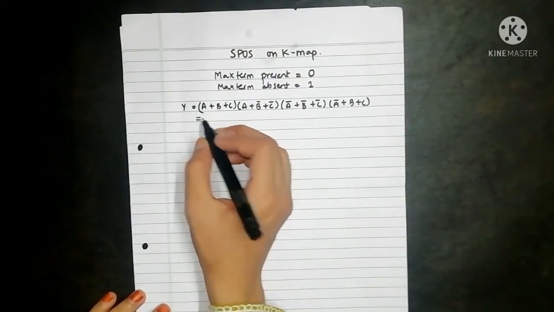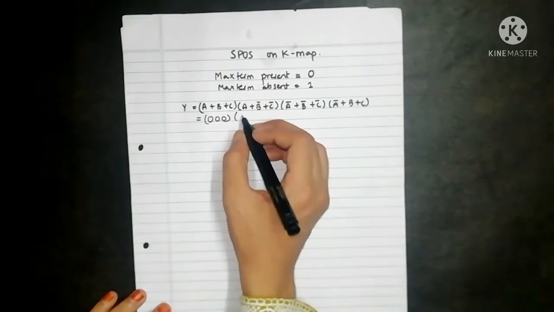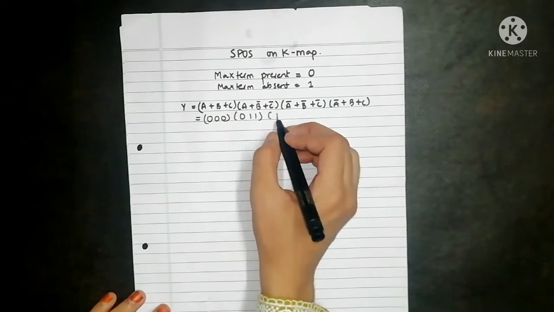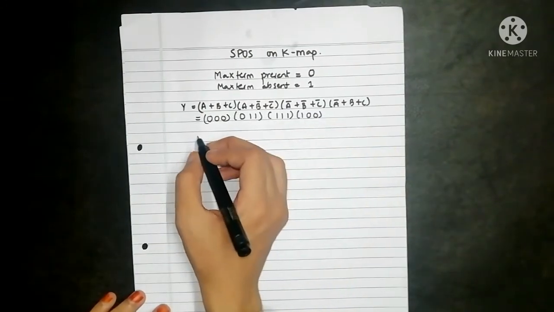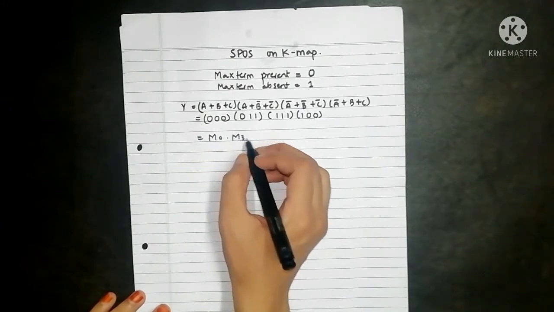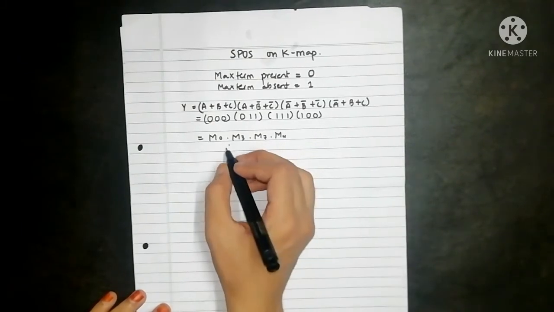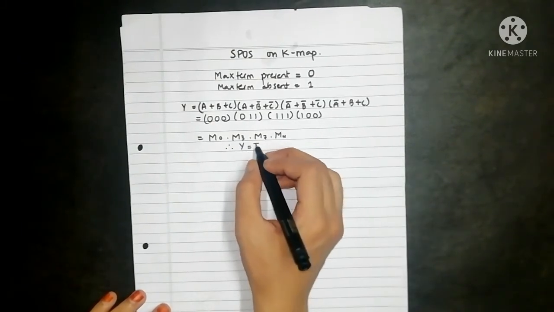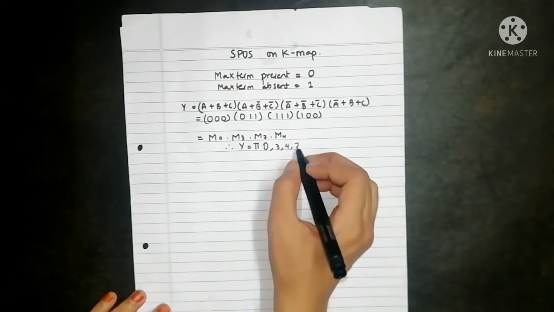Next, write down the values. So it's going to be 0, 0, 0, 0, 1, 1, 1, 1, 1, 1, 0, 0. The corresponding max terms are M0, M3, M7, and M4. So Y can be written as product of max terms 0, 3, 4, and 7.